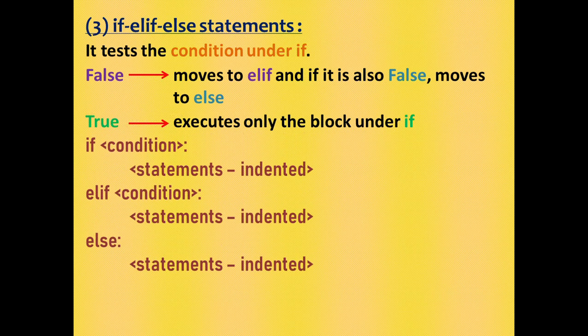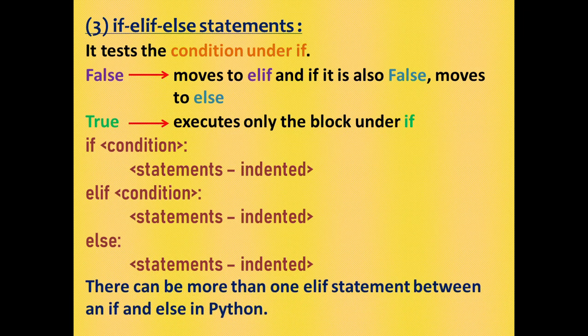See the general syntax: if condition colon, some statements that are indented, and again elif, you can give another condition followed by a colon, some statements indented, then else colon, some statements indented. You can write as many elif as needed by you, but only one else is to be written.